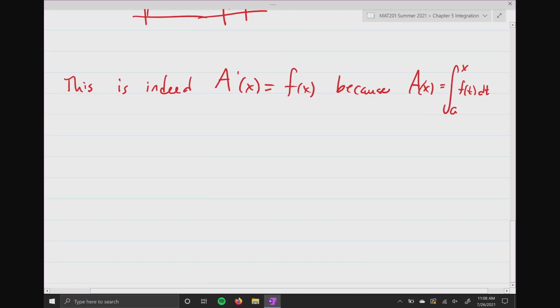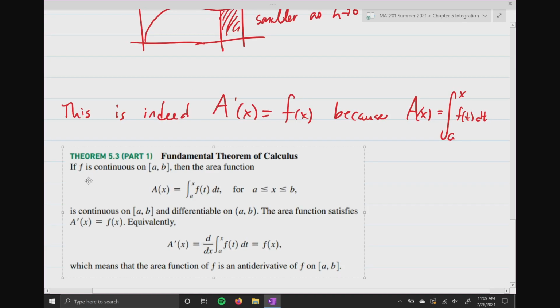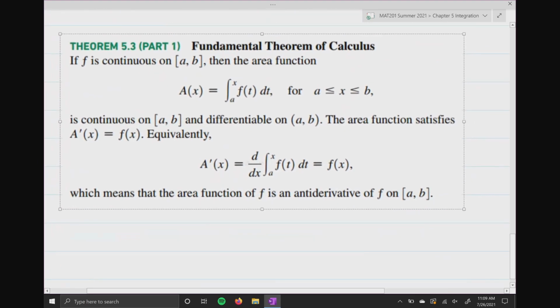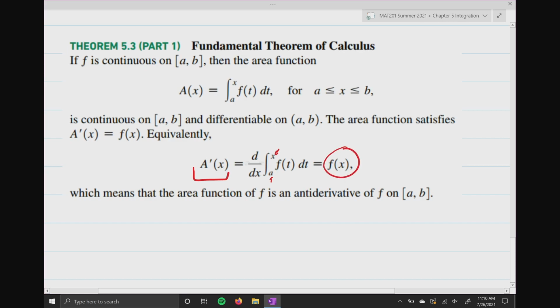All right? And that leads us into the very first part of the fundamental theorem of calculus, which says that the derivative of the area function is equal to the derivative of the antiderivative from a to x of f of t dt, which will give you the original function itself.